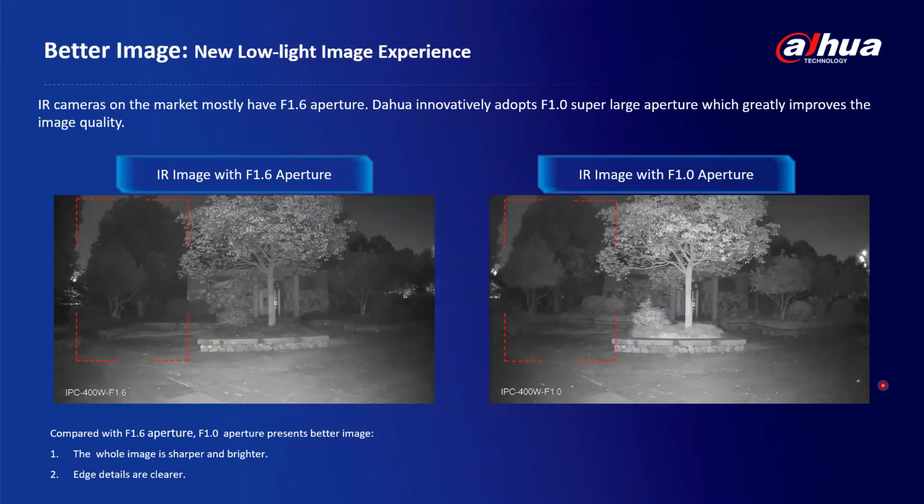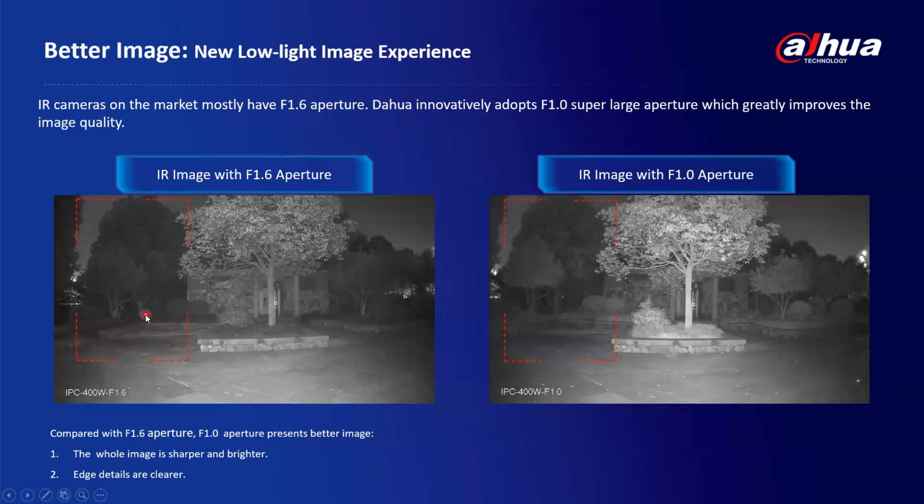That means the size of the window that allows the light to get to the camera is not that big, compared to DAHUA innovatively adopting the 1.0 super large aperture, which greatly improves the image quality because of the size of the window that allows the light to get to the camera to produce those colorful images. Remember that those lights are supposed to be converted into electrical energy that's basically going to produce those colorful images.